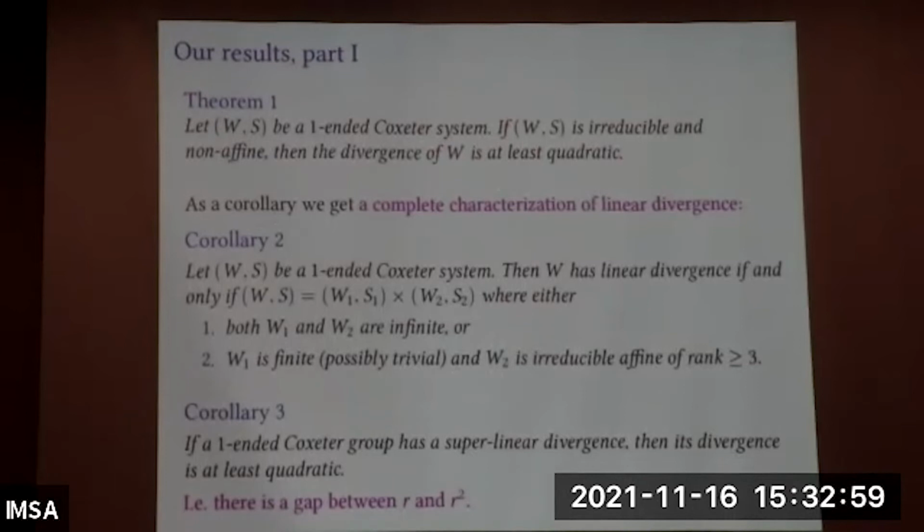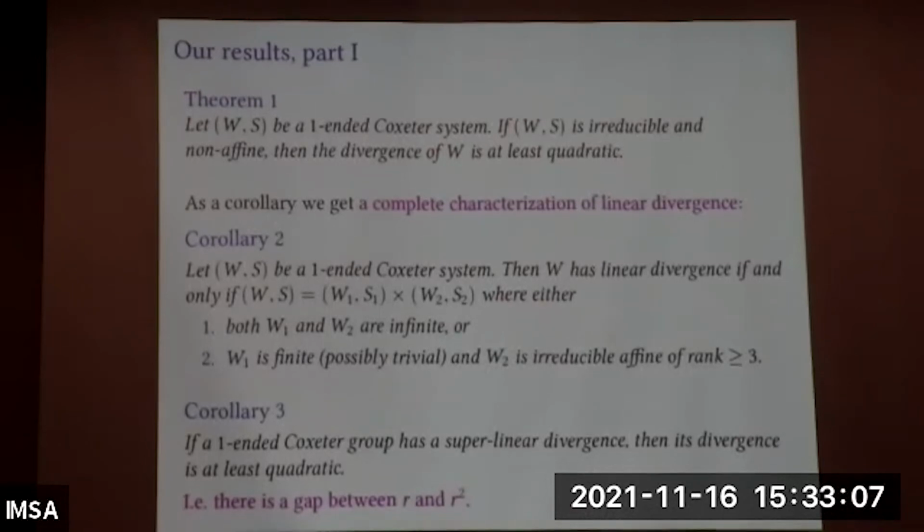What is the space that is one-ended here? Yes, that's a good question, thank you. Each Coxeter group acts on a CAT(0) space, which is called the Davis complex.